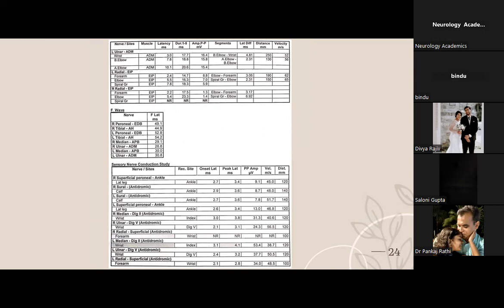Coming to the radial nerve on the right side, there is reduction of the amplitudes at the spiral groove. It is not recordable, almost like a conduction block between the elbow and the spiral groove. And F waves are all normal with SNAP amplitudes which are reduced. Sural bilateral amplitudes are slightly reduced.